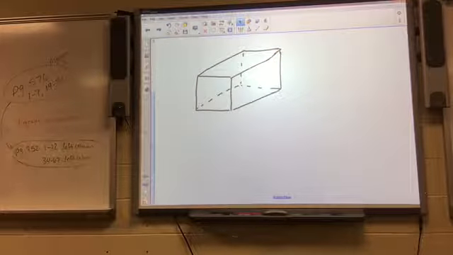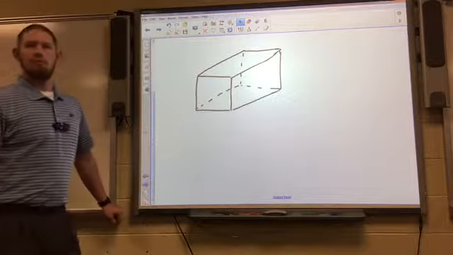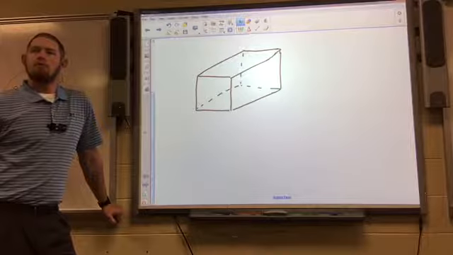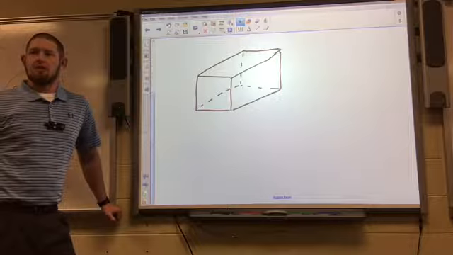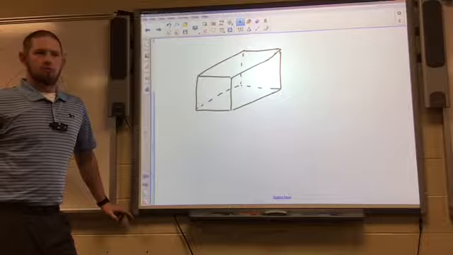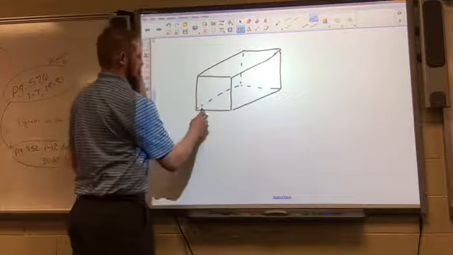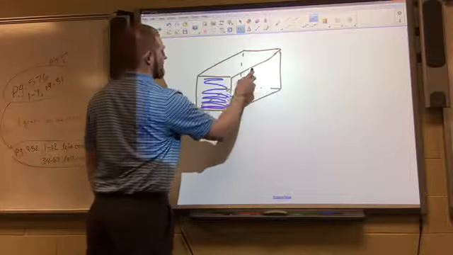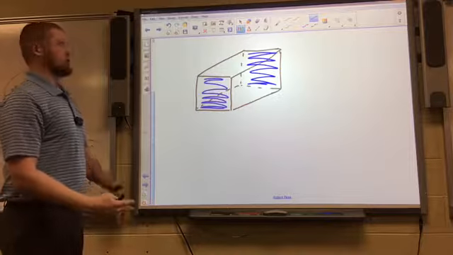So I have a rectangular prism here. How many faces does that have? What is a face? The flat surfaces, right? Or the polygons. So when I'm looking at the faces, I have one in front and one in back, for two.